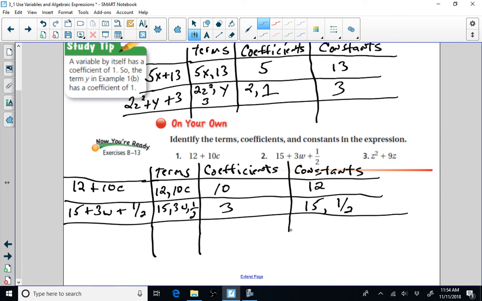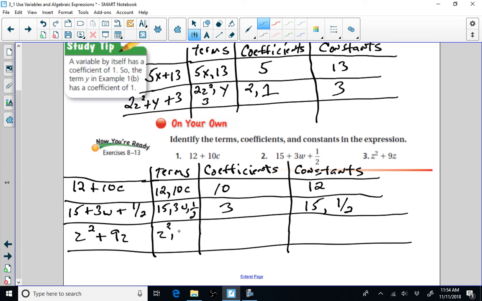All right, let's do the last one. We have z squared plus 9z. Right, so terms are separated by addition and subtraction signs. I see an addition sign here separating these 2 terms in the expression. So my terms would be z squared and 9z. Those are my terms.